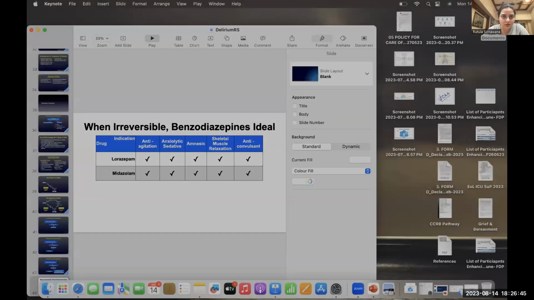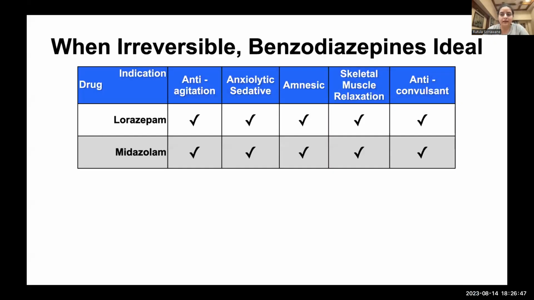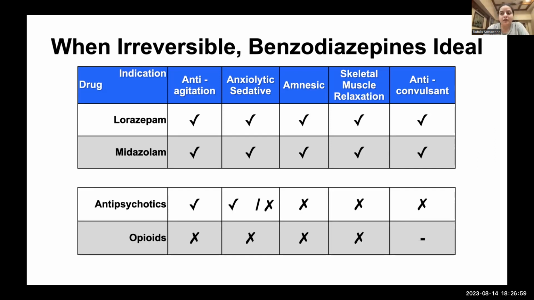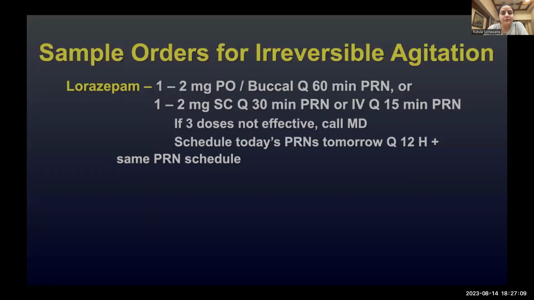You need all these benefits of the benzodiazepines because it's irreversible. You're not trying to reverse the cause. And as you can see, antipsychotics and opioids may not have all these properties, so benzos are preferred over both of them.